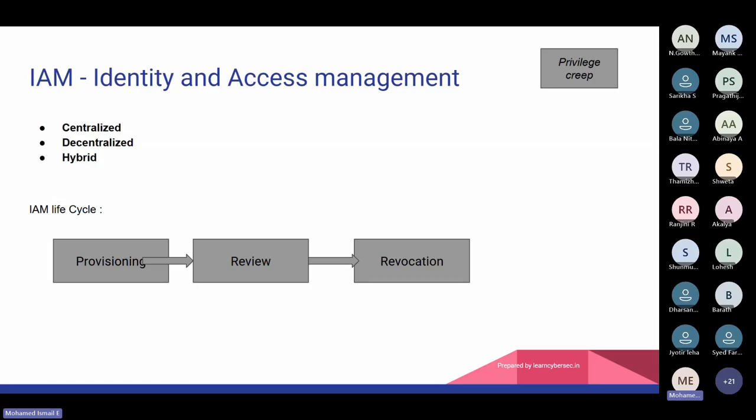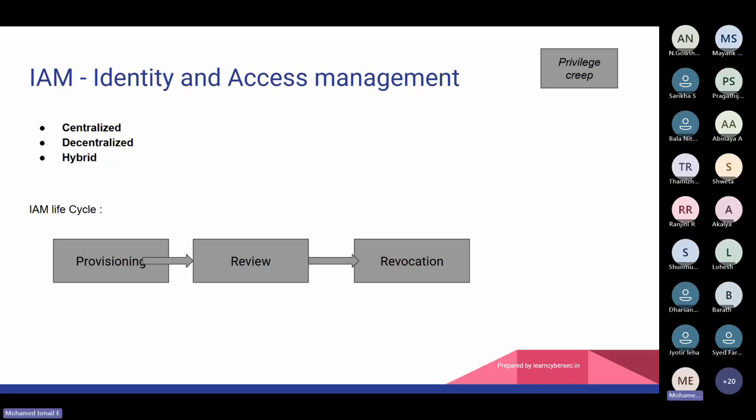Access is based on their role, their department, and where they are located. All these constraints are considered when giving access. To manage this centrally, they need central software. This software could be Microsoft Active Directory, Microsoft Entra ID, or an Okta kind of application, used to implement a centralized identity and access management system.